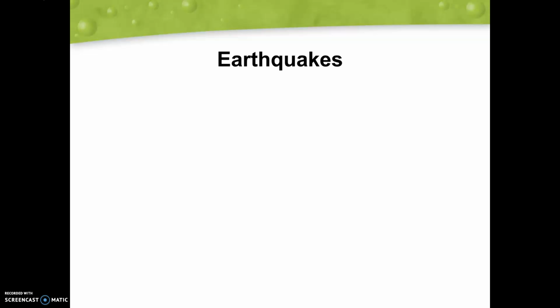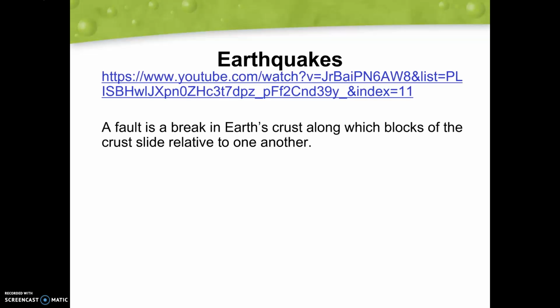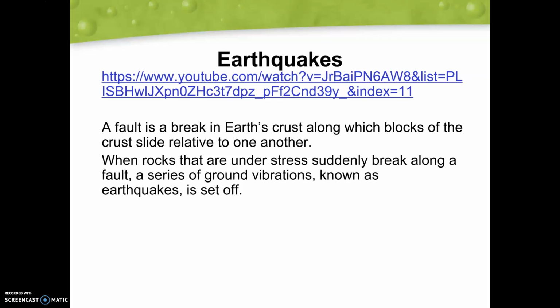What these are going to cause is earthquakes, which is one of the things that can happen. When the fault is broken and a lot of tension is released, we're going to see an earthquake occur here. These rocks are under great stress, and they suddenly break along our boundary fault, and that's going to cause a lot of vibration, and that's going to be the earthquake.